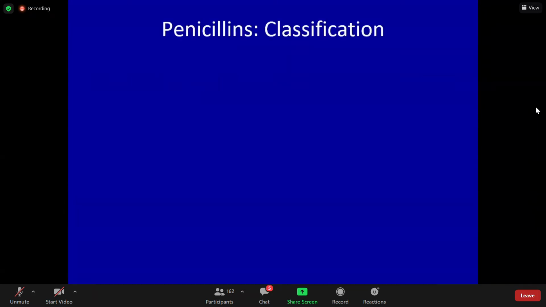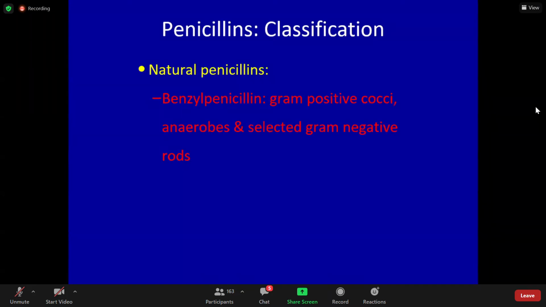This we are talking about all beta-lactam antibiotics, mechanism of action. Penicillins, cephalosporins, monobactams, and carbapenems. All four classes. Vancomycin is slightly different, non-beta-lactam. Natural penicillins, like benzyl penicillin, are effective against gram-positive cocci, anaerobes, and selected gram-negative rods.